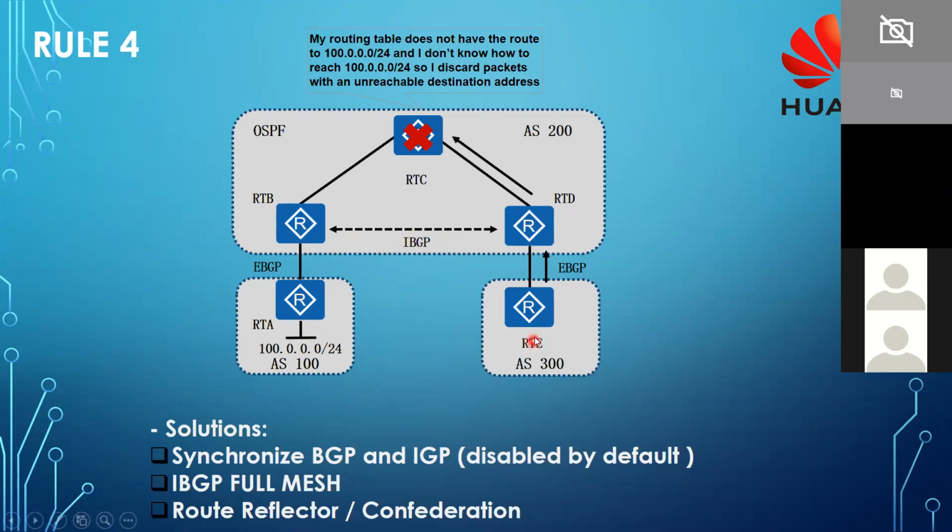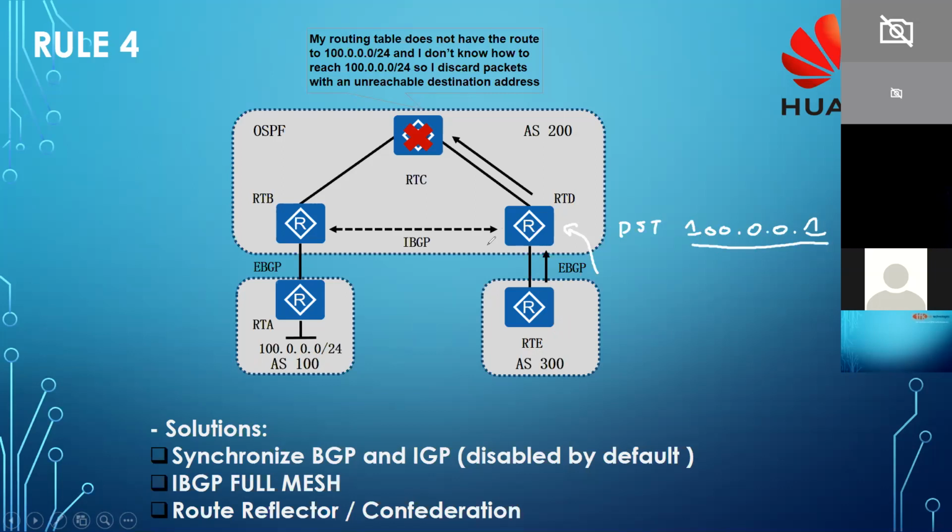But for example, if RTE wants to ping this network, the ping will go to RTD. So the destination is 100.0.0.1, for example. RTD in its routing table knows this prefix because it learned it via iBGP.